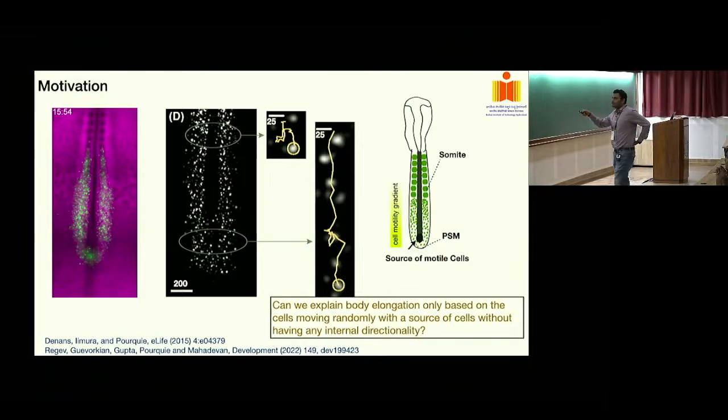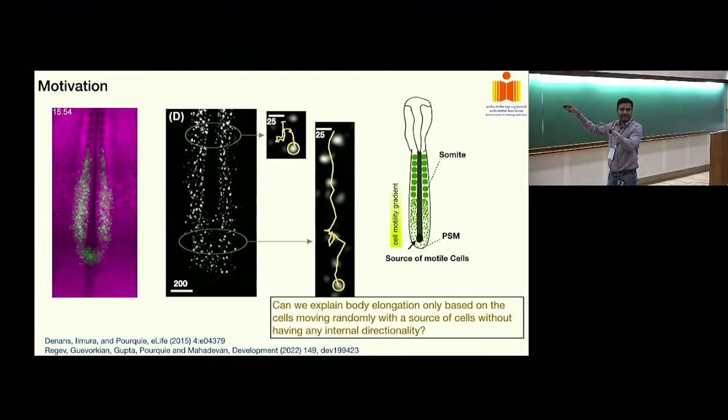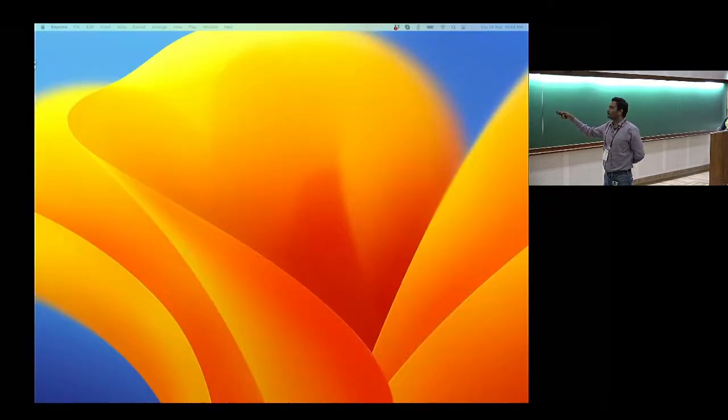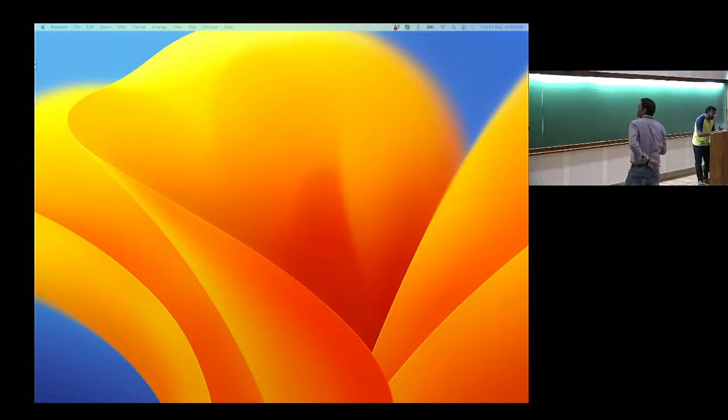Also, in terms of genetic and protein level expression, it has been experimentally observed that when you go from the posterior end to the anterior end, there is a decrease in FGF protein level, and that is directly related to the motility of the cells. So one can put it in by hand. We know that it is there. Of course, new cells are coming in. We also know the rate at which new cells come in.